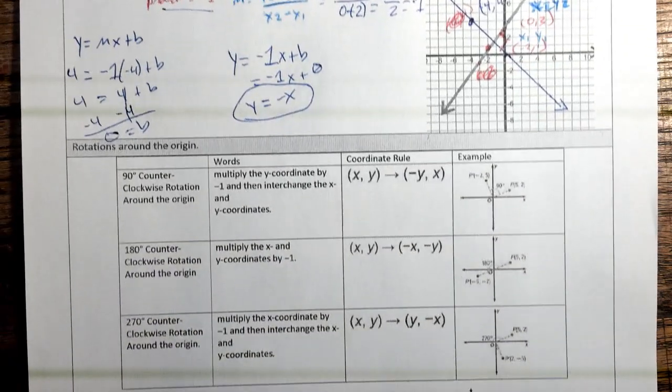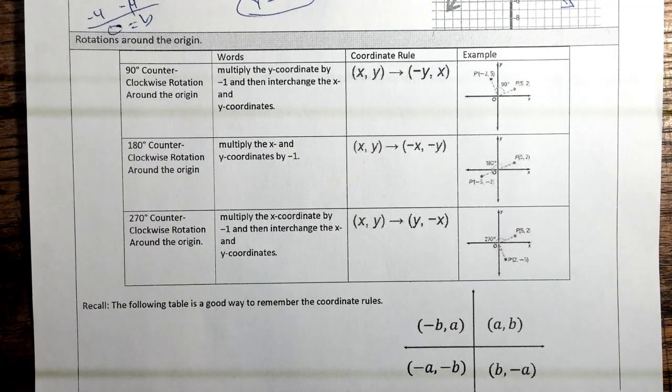All right, let's cruise on down here, bottom of page 10. This is a short lesson, like I said, but we're going to get extra practice from that, so that's good. All right, rotations about the origin. We talked briefly about rotations back in Module 2. We're going to get a little more in depth here.